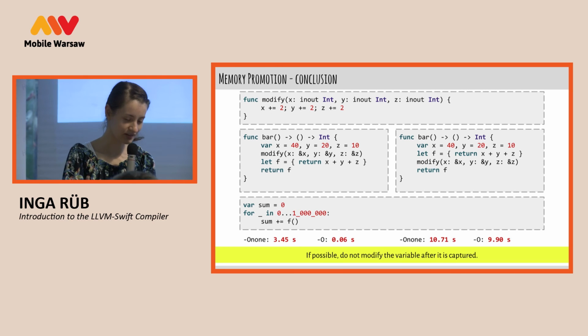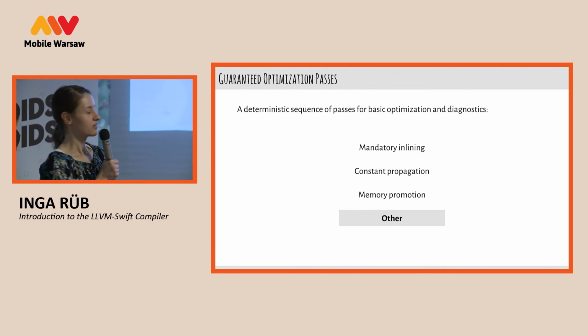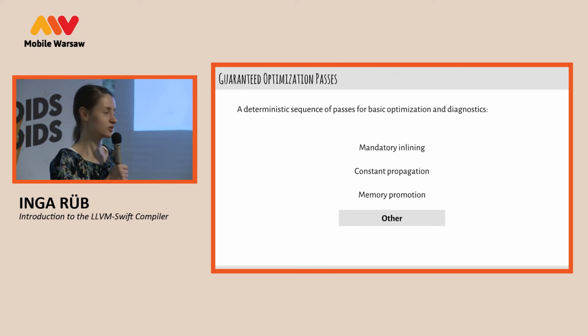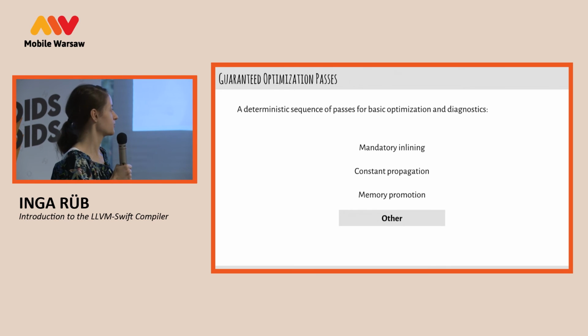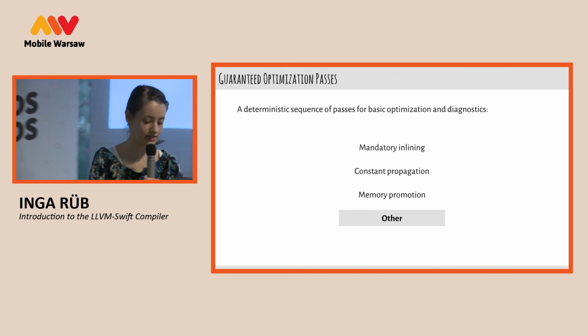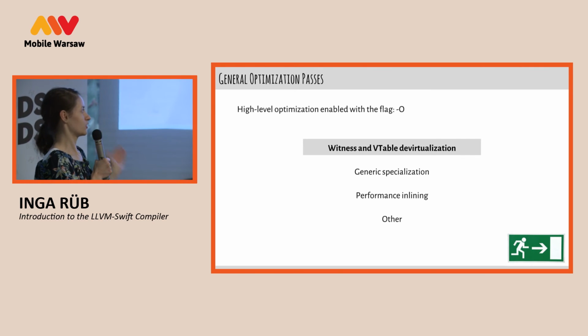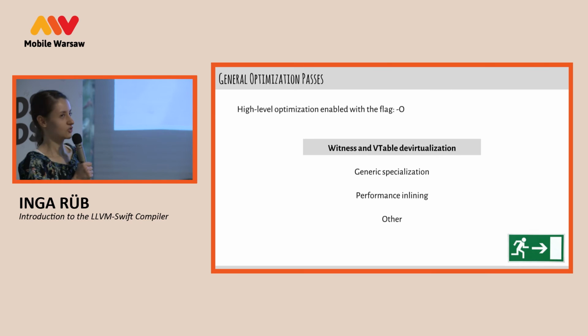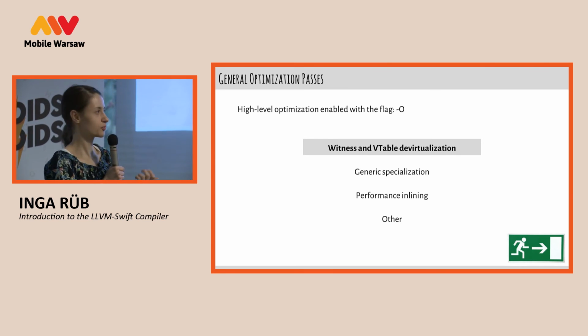Now I told you about some guaranteed optimization passes. There are other guaranteed optimization passes. They check if you return a correct value of the correct type. They check if everything is initialized. And there are also some high-level optimizations which are related to classes, to protocols, to generics.